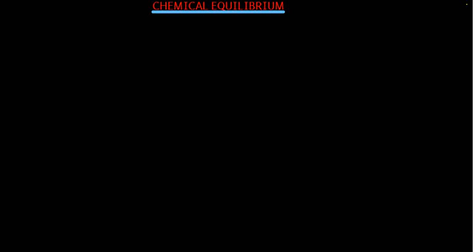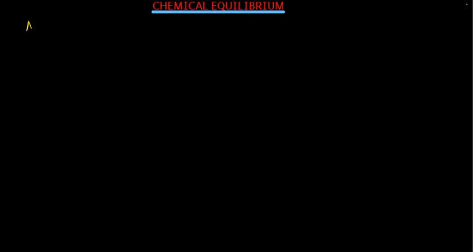We go over chemical equilibrium. Well, what is chemical equilibrium? Now, this is simply a condition in the course of a reversible reaction where there is no net reaction, which is, there is no net change occurring in the amount of reactants and the amount of products being produced.